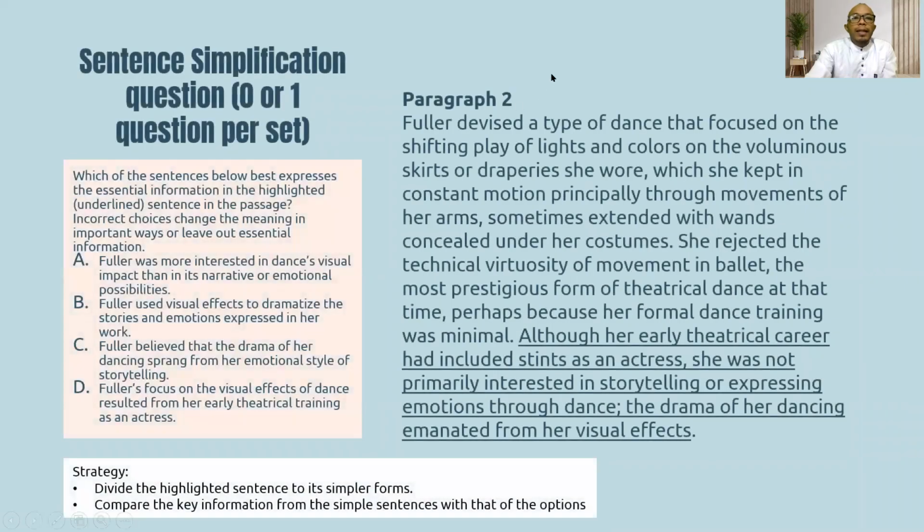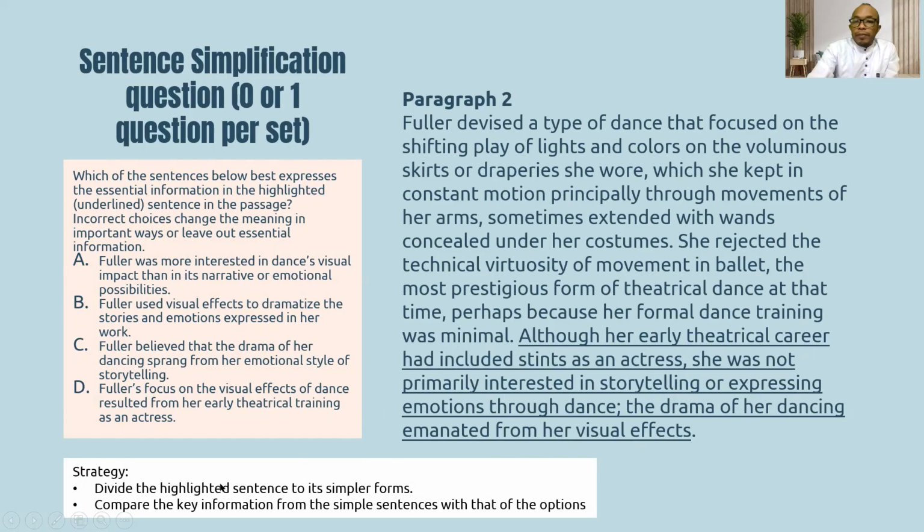The next one is sentence simplification. Remember, you have to choose from the options which conveys the same information without using the same words as the highlighted or the underlined sentence or part in the passage.